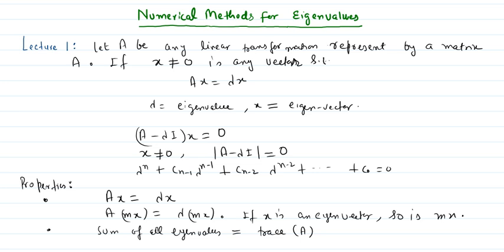This is the sum of diagonal entries. So we can use these properties to capture eigenvalues. Let us say I have a 3 cross 3 matrix, I know 2 eigenvalues, and the third I can find from this property that the sum of all eigenvalues is equal to the trace of the matrix.